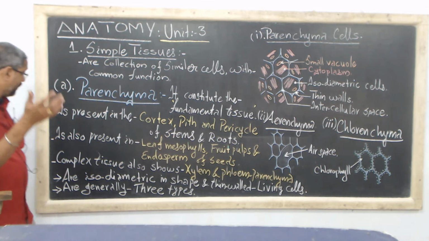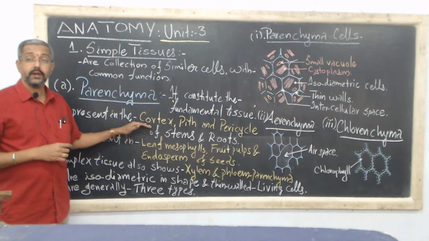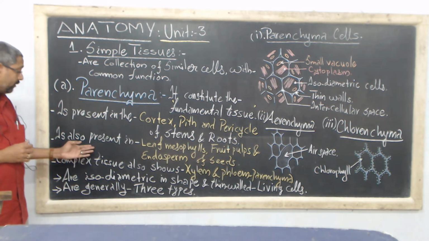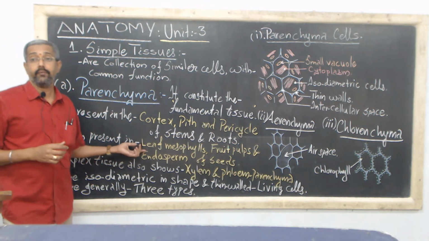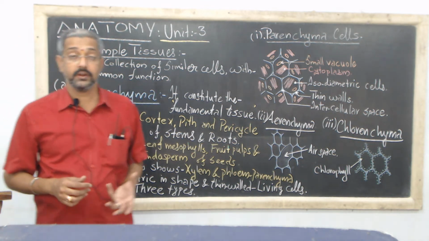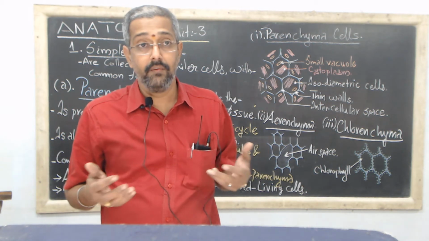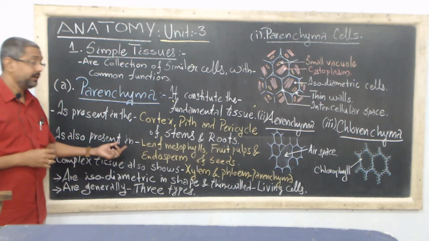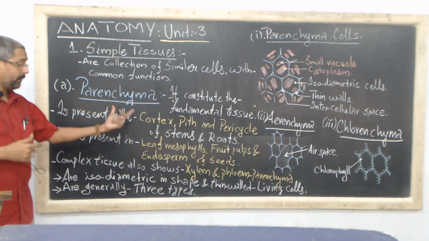In addition to these areas, parenchyma cells are also present in the leaf mesophyll. The leaf is one of the organs of the plant body, and the mesophyll is the layer of leaf tissue constituted by parenchyma.